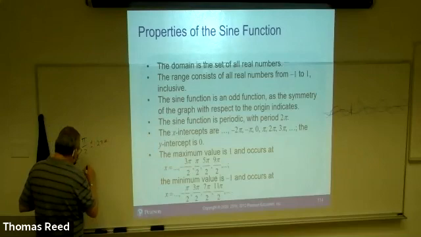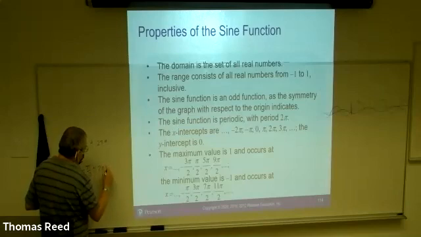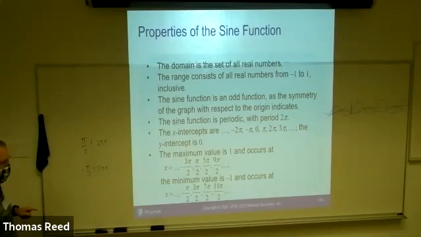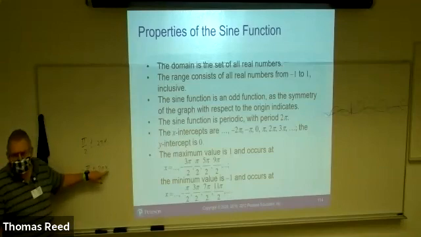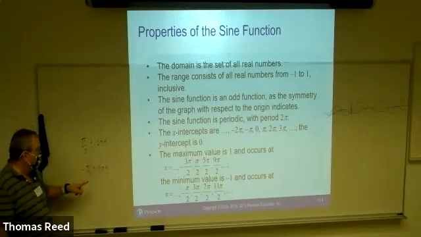And this one starts at negative pi over 2 plus or minus 2 pi k, where k is an integer. Or actually, since I put plus or minus, k is a non-negative integer, because you can multiply by 0.